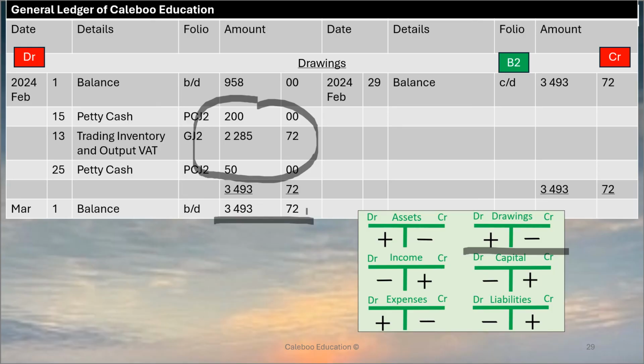Remember, the drawings is going to make the owner's equity less, what the owner is worth in the books less. But remember, we're just concentrating on balancing ledger accounts. So there's the balance that will be taken to the pre-adjusted trial balance, or just the trial balance. So there's the drawings account.